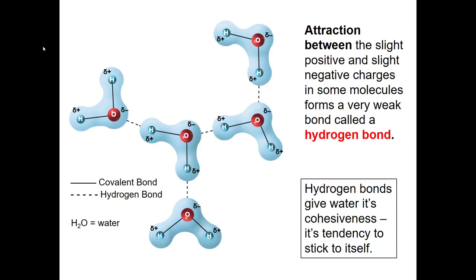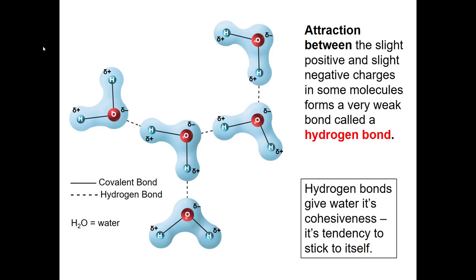And that's actually what gives water its cohesiveness, its tendency to stick to itself. So if you put a drop of water on a surface, it tends to bead up. It doesn't tend to just spread out completely over a flat table. It doesn't immediately evaporate. It's sticking to itself a little bit, and that cohesiveness is because of these hydrogen bonds that are forming between these different water molecules.